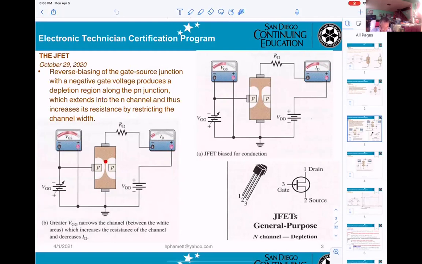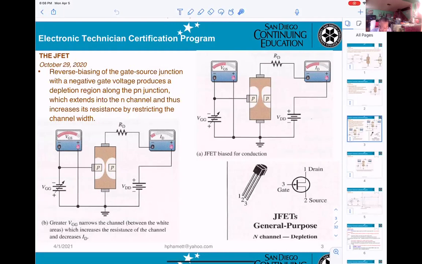And this is the channel for the electrons moving. For current flow, you get electrons moving from the drain to the source. This is the channel when it is so narrow, that means the current will be less. This one is a little bigger, so the current will be more.